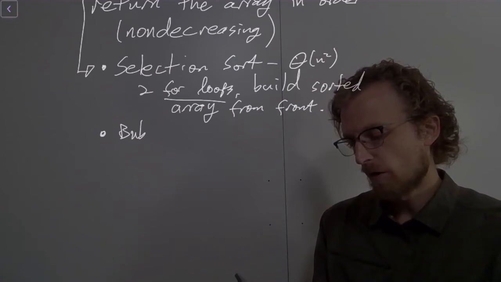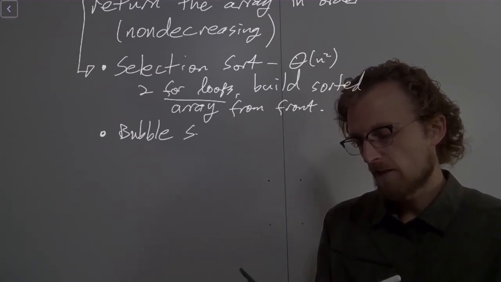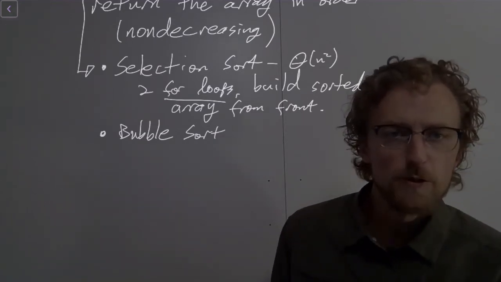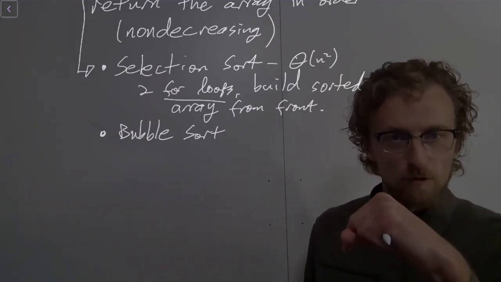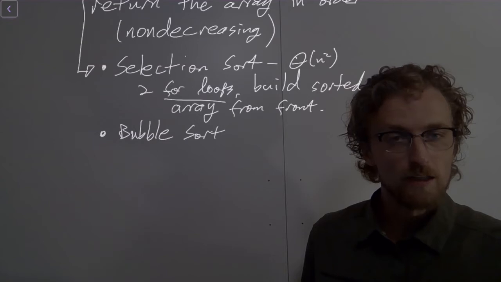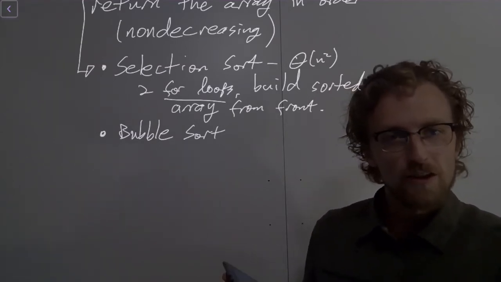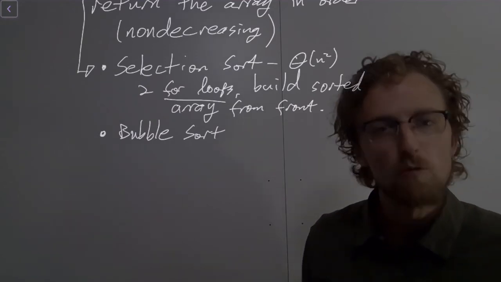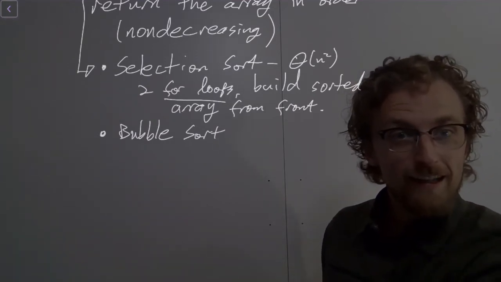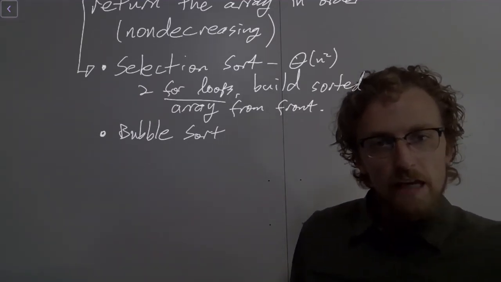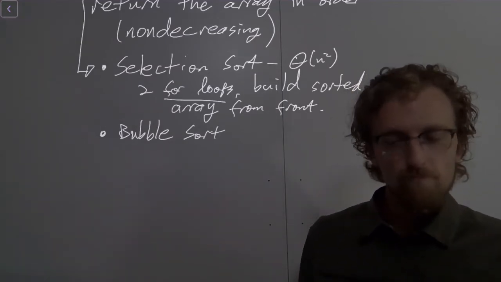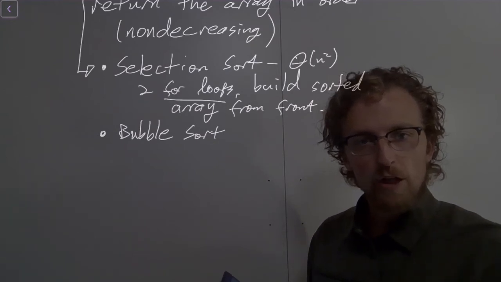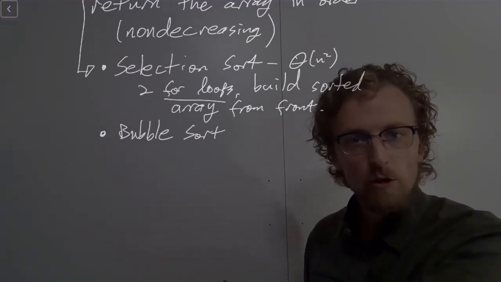Bubble sort is another one that you could think of as a brute force algorithm. The way bubble sort works is you stand in a place in the array, and then you look at the next element. If those two are out of order, you swap them, and then you walk forward. And you do that again and again. In each of your outer loops, you essentially comb through the array, find the largest thing, and push it all the way to the end.